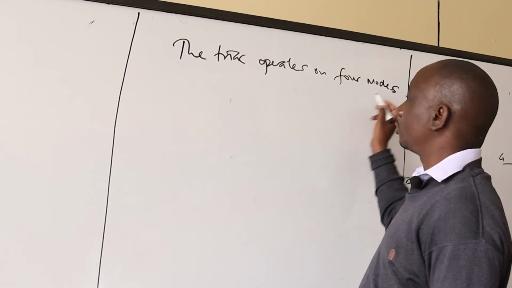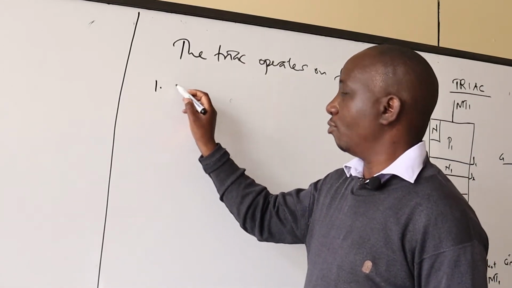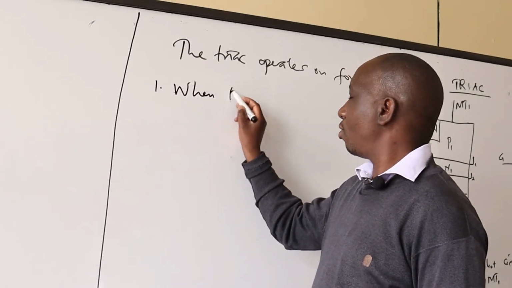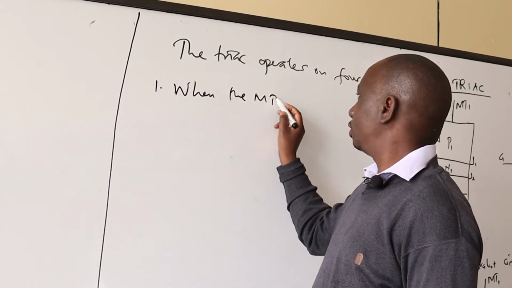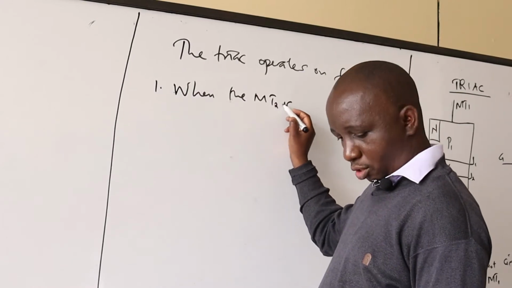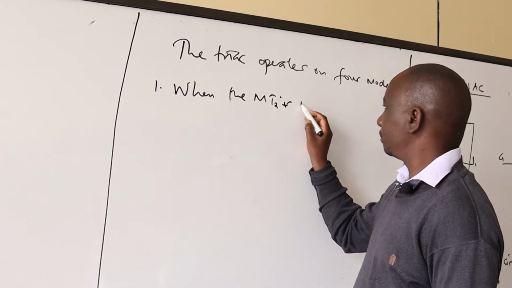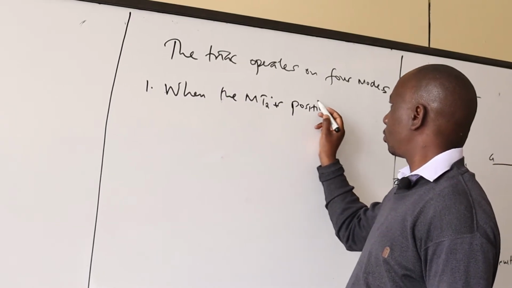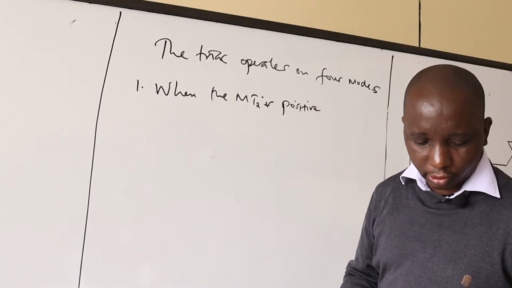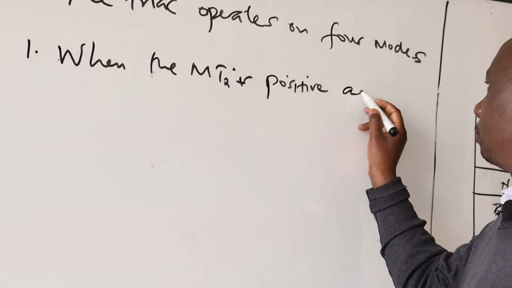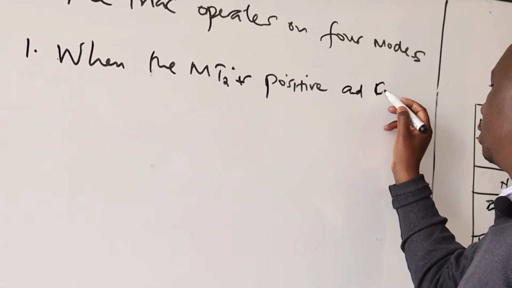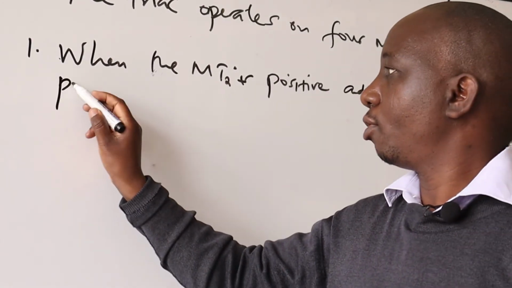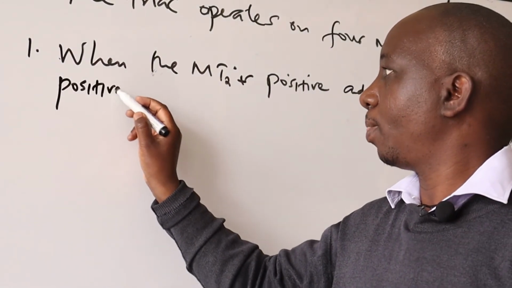So we have mode number 1. When MT2 is positive and G is positive.